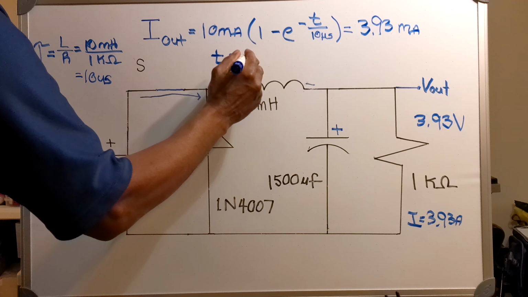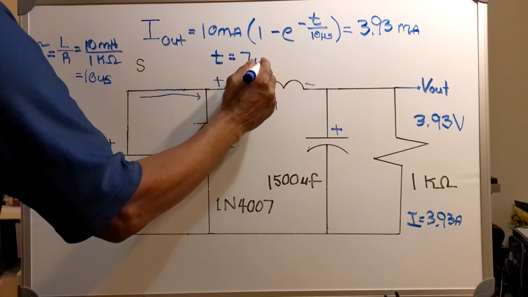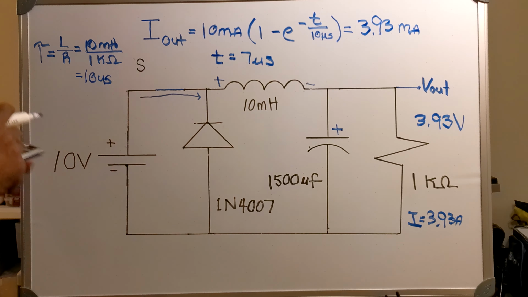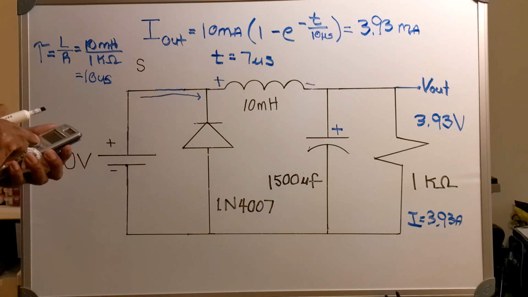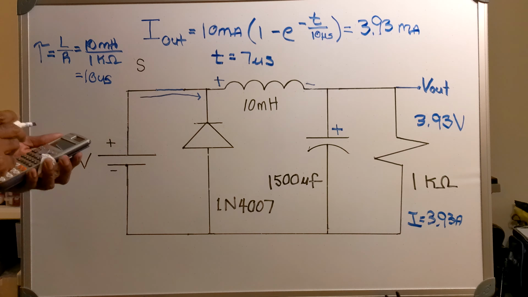Now, if my time was 7 microseconds, I go back to my formula and I change my 5 to a 7.